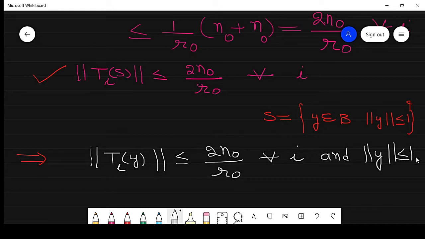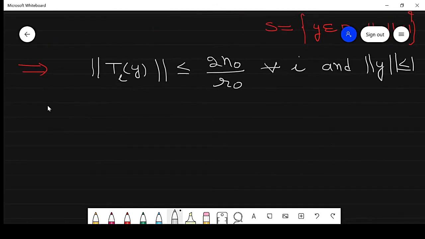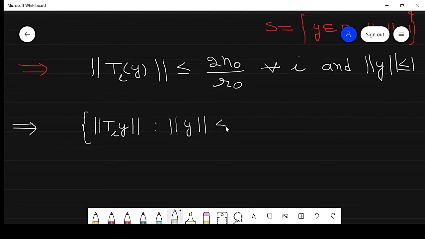So that is our part. Now this can be written as a set: norm of Ti y such that norm of y is less than or equal to 1, and this is less than or equal to 2N0 by r0 for every i.